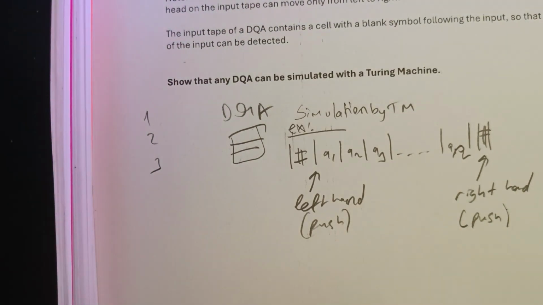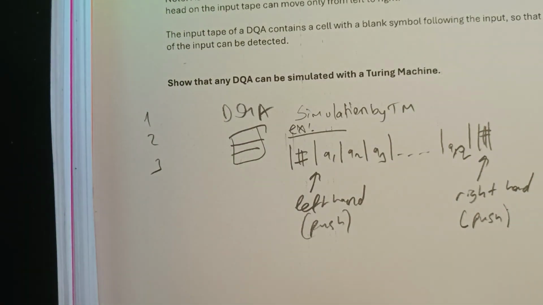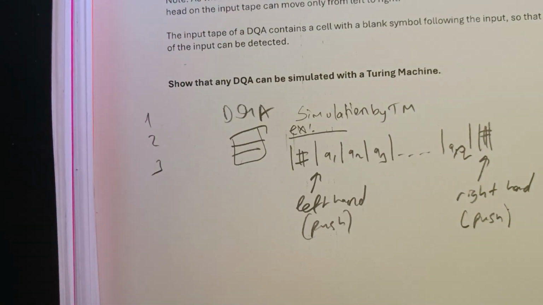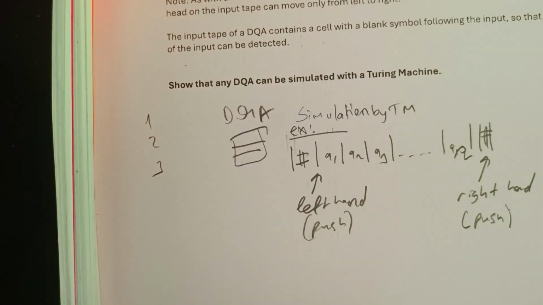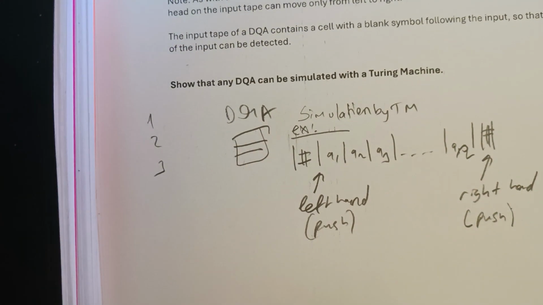But even a single-tape Turing machine can do it. They all have the same power, but not the same speed. Same power is not equal to same speed.